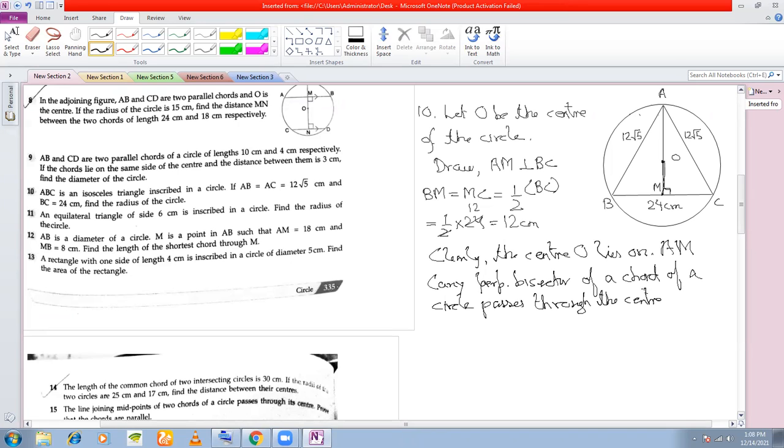Right? This is where you get confused most of the time. Although you think that it will pass through the center, most of you forget this part. Why am I confidently saying that it must pass through the center of the circle? Fine. So in order to get full marks, these three lines must be written.